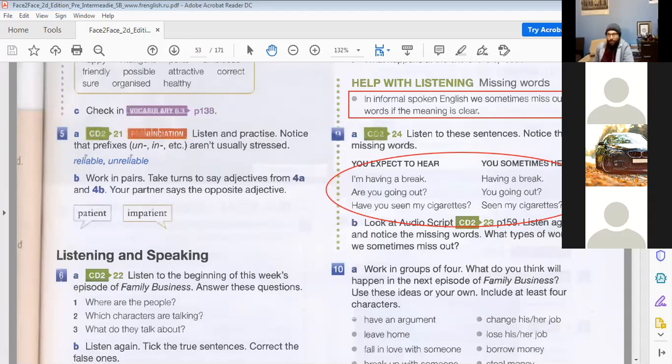Correct. They removed the subject in the first one. Subject and verb to be. So instead of saying I'm having a break, they said having a break. Right? So there's something missing. We removed this part. Let me just underline. And in the second example, what did we remove?